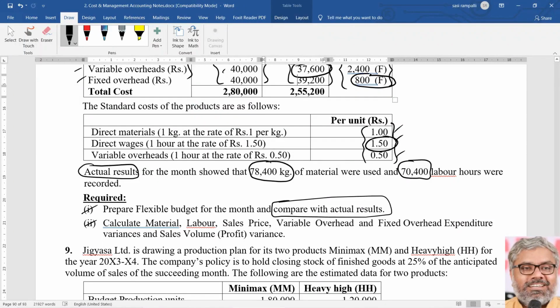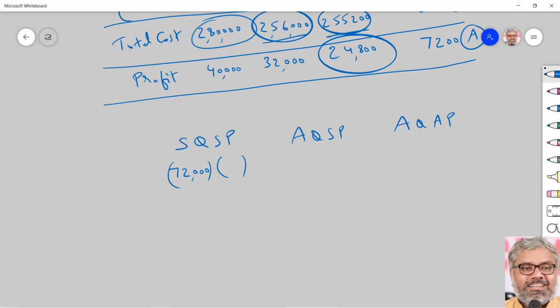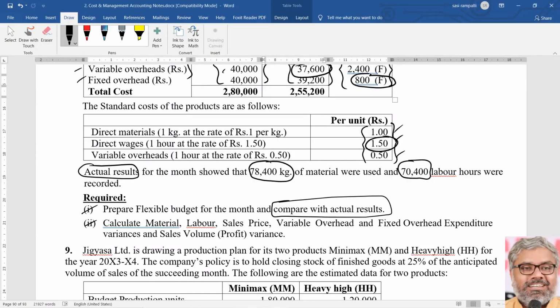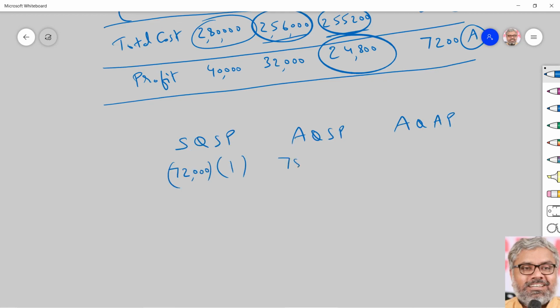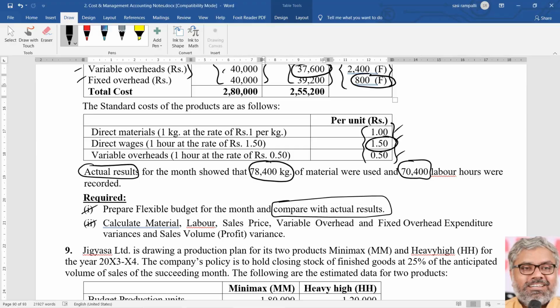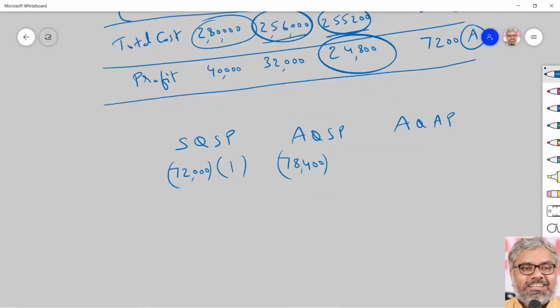Standard price was how much? That was 1 rupee per kg. Then the question said actual quantity of materials used was 78,400 kgs. This information, when it is there, 78,400, we can calculate the other material variances also. And the standard price, we know that is 1 rupee.